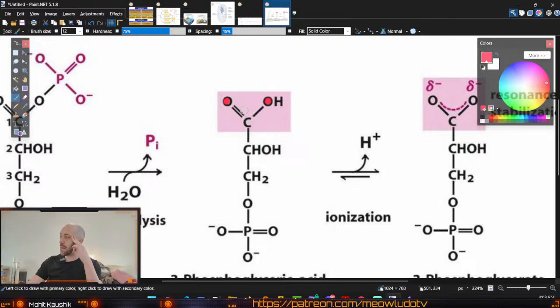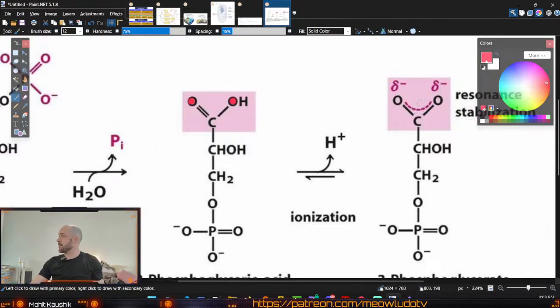It actually explains it over here: it's unbalanced. This double bond and this single bond and the hydrogen there are all fighting for the electrons. So why is oxygen so electronegative?